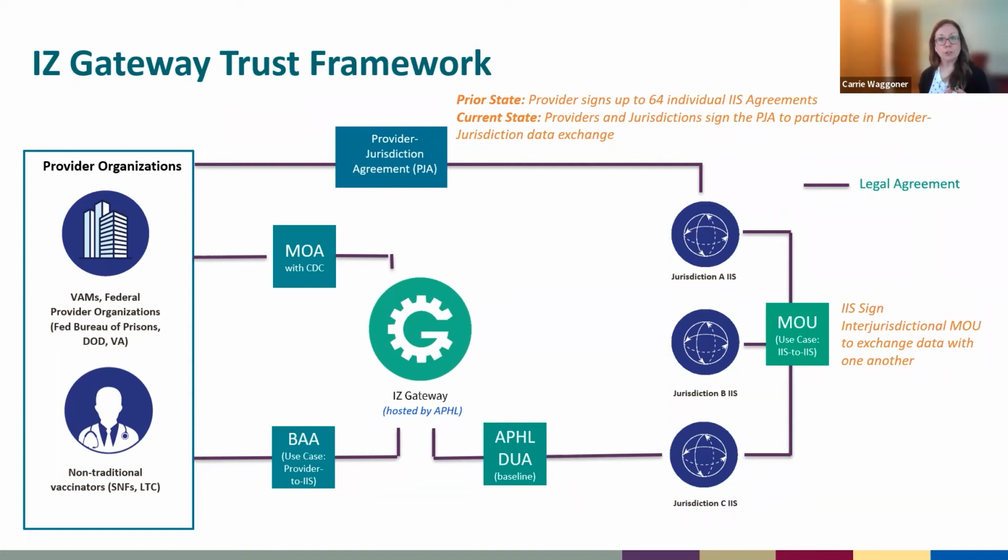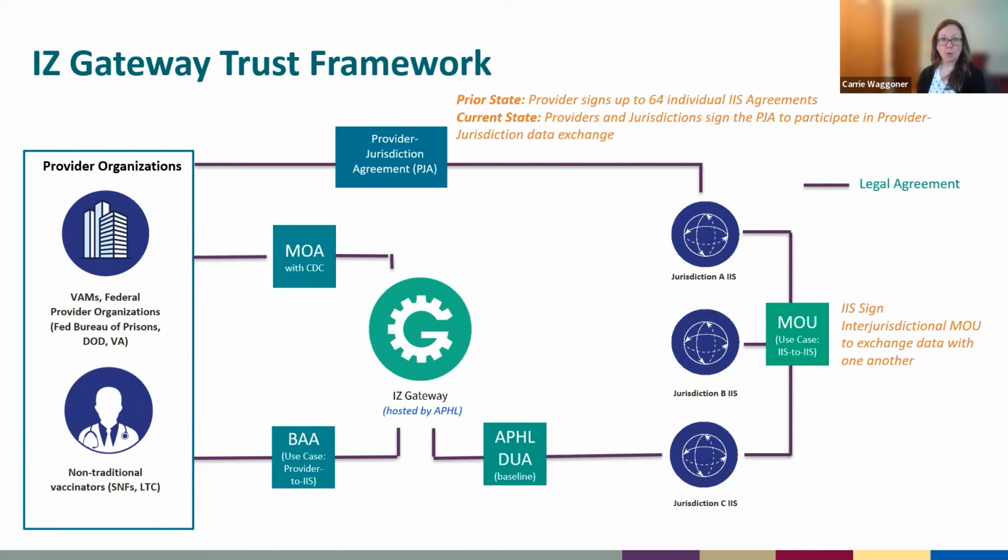The provider jurisdiction agreement that you see at the top of the screen supports the use case for exchange from IIS to provider organizations, so federal agencies and the multi-jurisdictional providers that Chris talked about. On the right-hand side, the MOU supports a different use case, that of exchange between IIS programs.